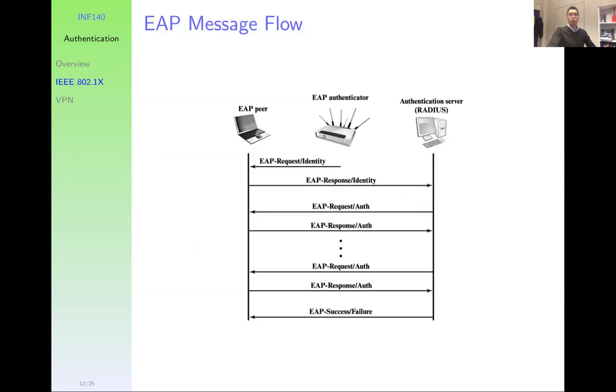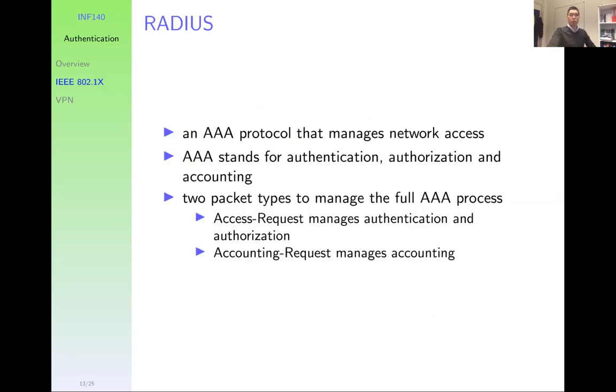Now, what is this RADIUS server? It is a 3A protocol that manages network access. RADIUS acts as the authentication server in most local area networks. 3A stands for authentication, authorization, and accounting.